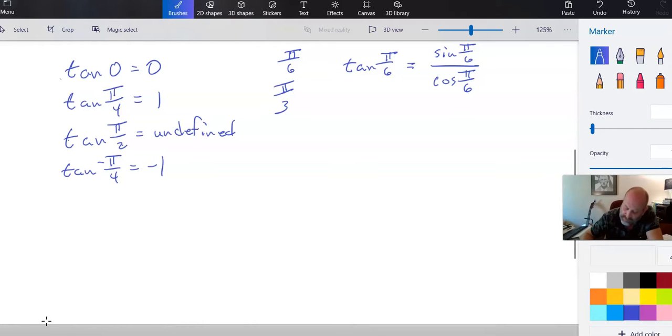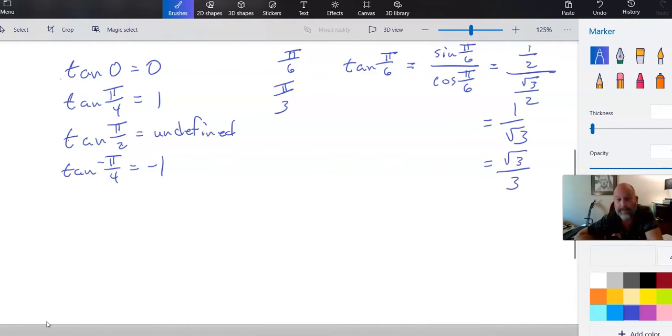Well, sine of pi over 6 is 1/2. Cosine pi over 6 is root 3 over 2. Okay, so if I go ahead and do that division, flip and multiply, I end up with 1 over root 3. And if I rationalize the denominator on that, I end up with the square root of 3 over 3.